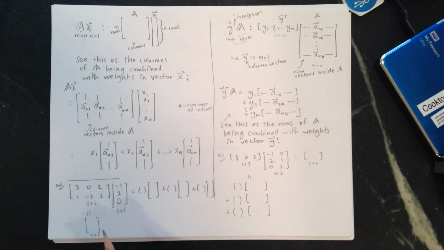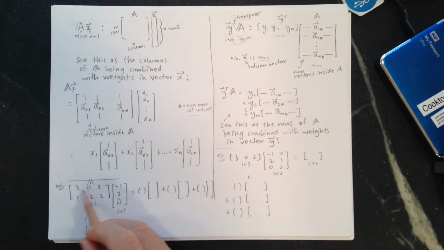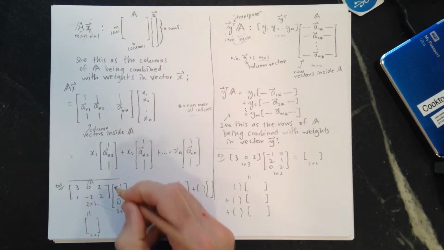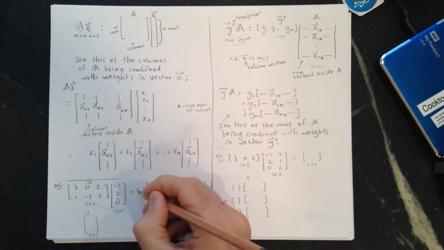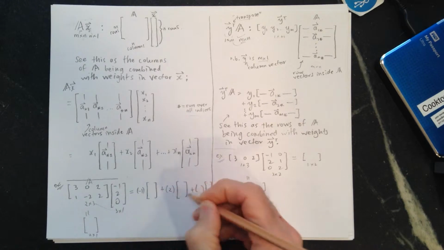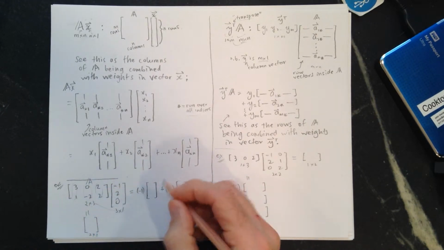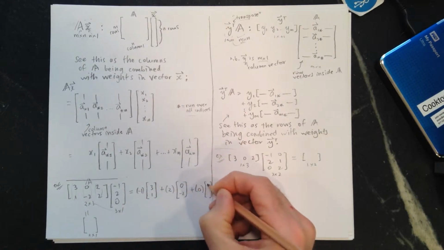So here's an example. Here's A. In this case, it's got 3 columns, 2 rows, and then we have this column vector out here, which is the combining vector. This has the weights. The weights are going to be -1, 2, and 0, and we want these columns: 3, 1, then 0, -2, and then 2, 2.